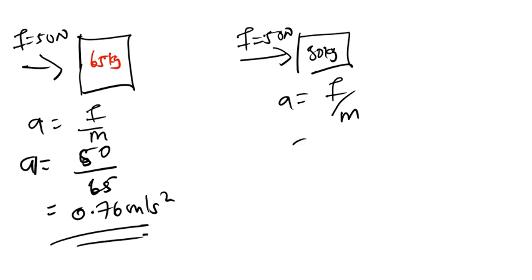Now here the force is 50 divided by 30, so a will be equal to 1 point something. So you can clearly see that when you reduce the mass and the force remains the same, the acceleration is going to go up. That's what happens.